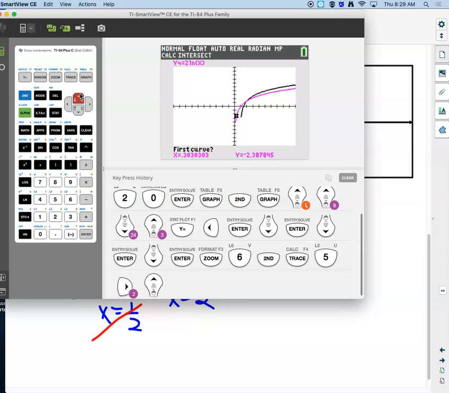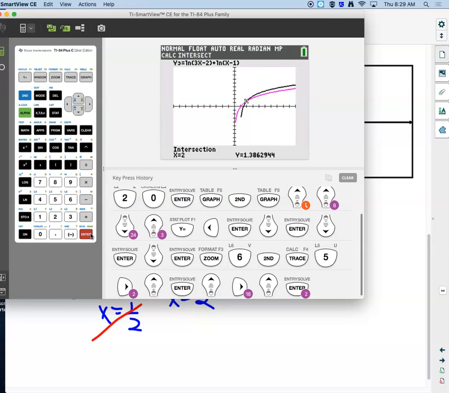We'll get that to actually grab onto one of those two graphs and enter, and then get it to go to the other graph. Pop it up. By using a little creative arrow work, we can get there. And we can see that the intersection is, in fact, x equals 2.